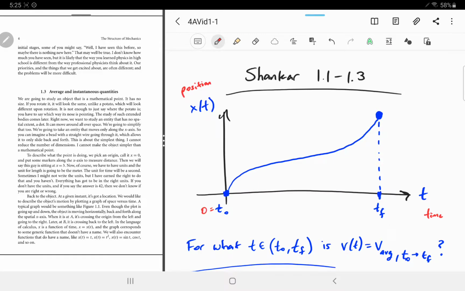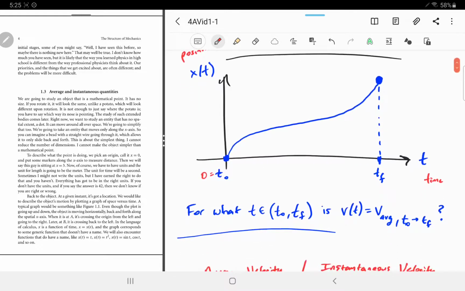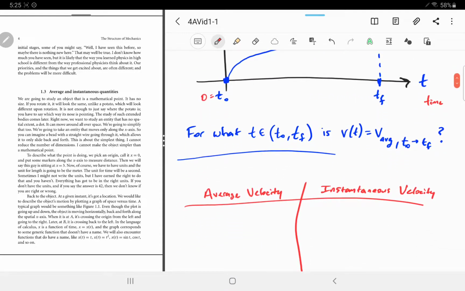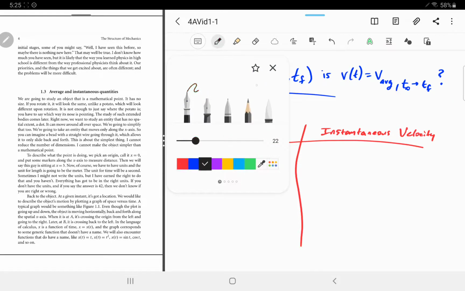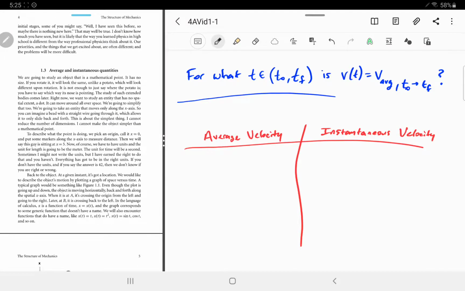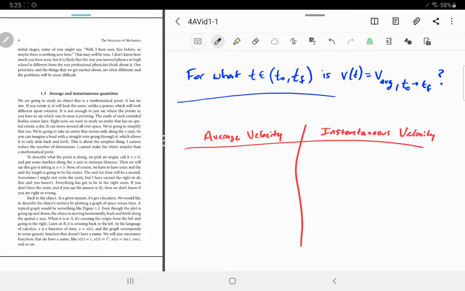Okay, so in talking about velocity, you'll hear 2 common things. So average velocity and instantaneous velocity. This is what Shankar really pins down in section 1.3, average and instantaneous quantities. So I want to contrast these 2 things. So an average velocity requires a time interval.